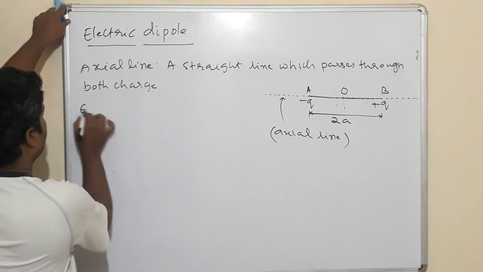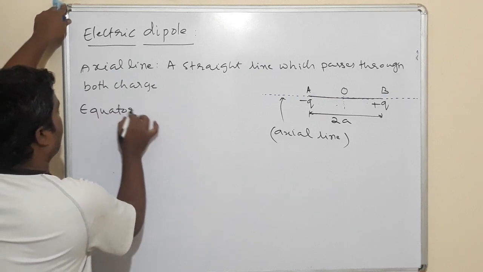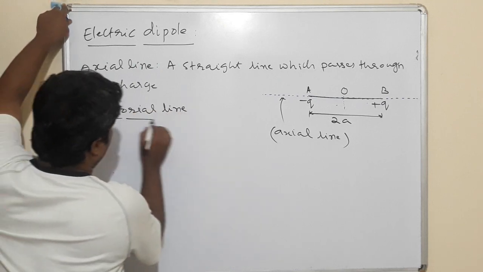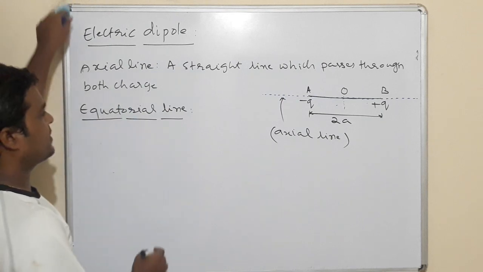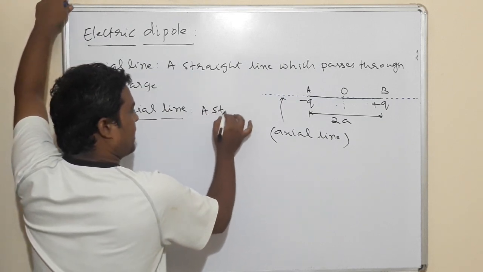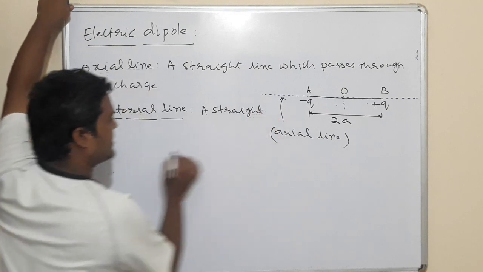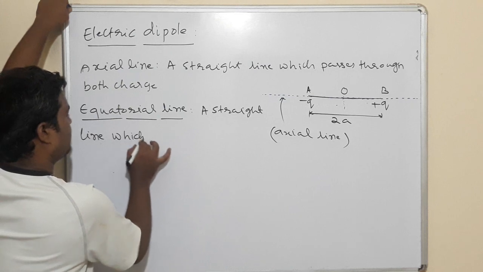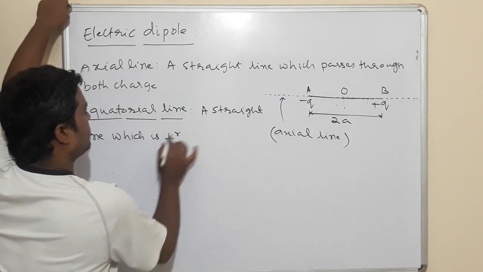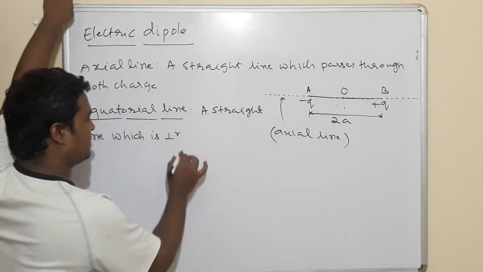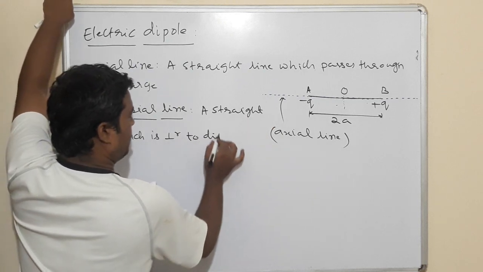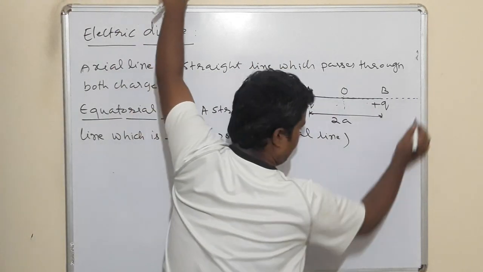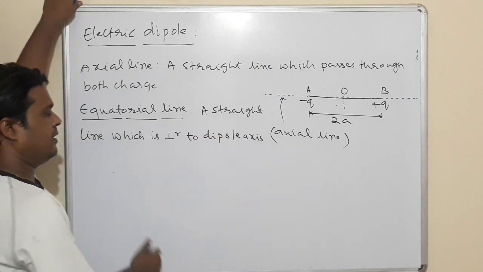Then one more line will be there, which is called as equatorial line. What is called as equatorial line means if this is also a straight line which is perpendicular to the dipole length, perpendicular to the dipole axis. This line is called as dipole axis. Therefore, it is called axial line.